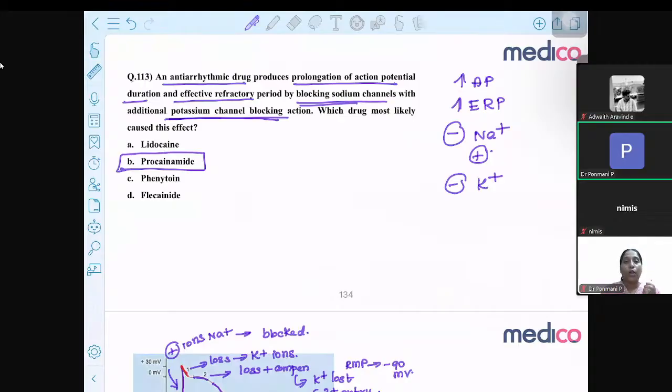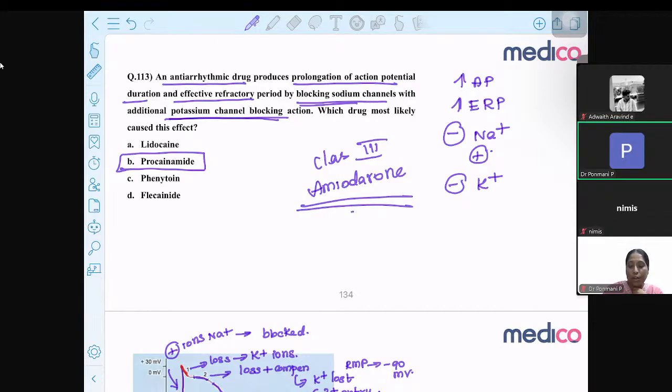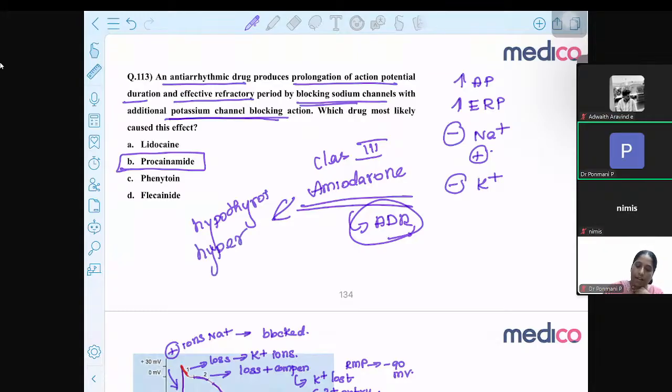Okay. So when learning antiarrhythmics, please do not forget to learn about the class 3 drug also, which is amiodarone. This amiodarone is a potassium channel blocker, and most of the questions surrounding amiodarone will be revolving around its ADRs. It can cause hypothyroidism. It can also cause hyperthyroidism, but the most common is hypothyroidism.